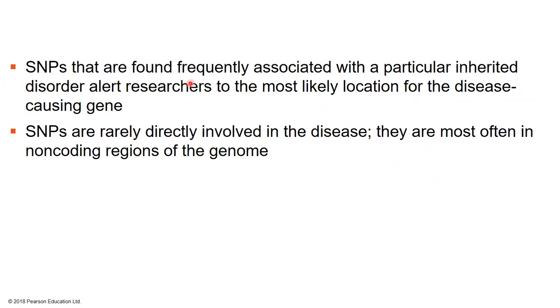Some SNPs are frequently found associated with a particular disorder or a particular gene. Typically, they are not directly involved, so they don't cause mutation in genes, but they might be associated with genes. How?